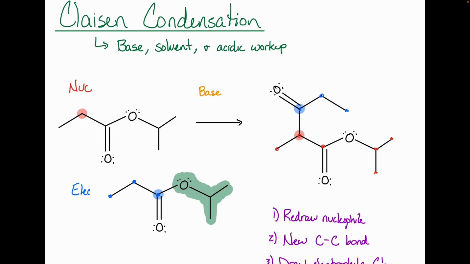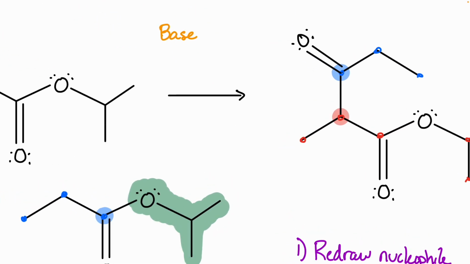And then we talked about what base we would use to catalyze these reactions. They should match the leaving group of our esters. So this base I'm going to use is this alkoxide ion, always going to be this oxygen with a negative charge. But specifically, I'm going to want to use this 3-carbon base here so that it matches my leaving group.